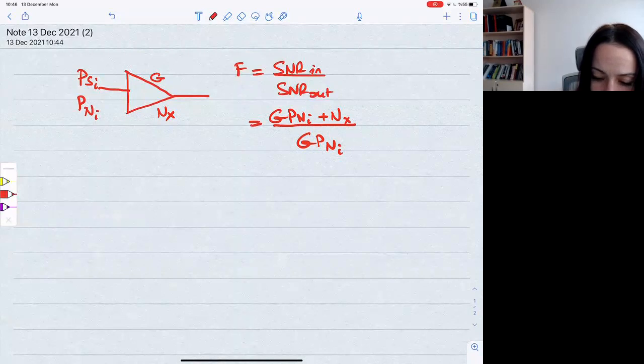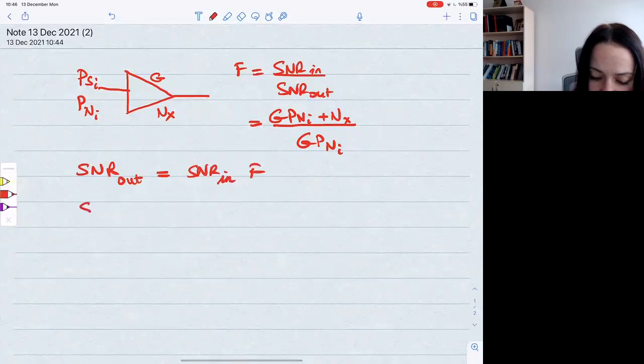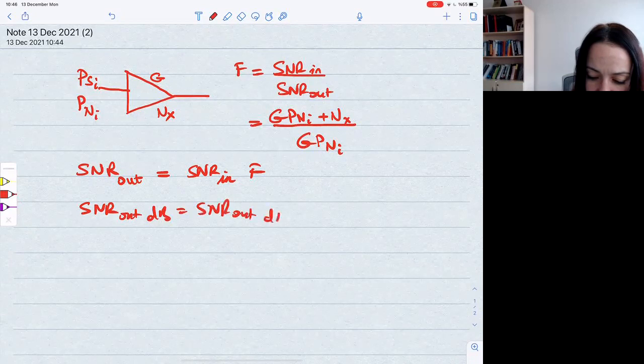Okay. So if you think about the dBm noise at the output, so SNR out is SNR in divided by F. So SNR out in dB is SNR in dB, right?